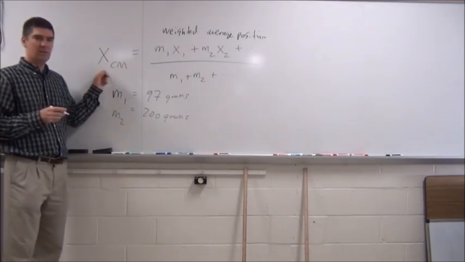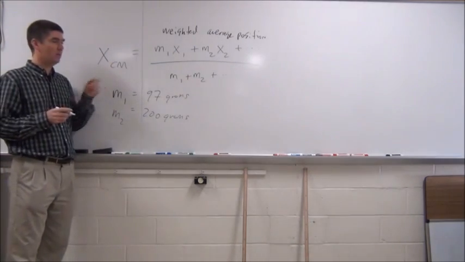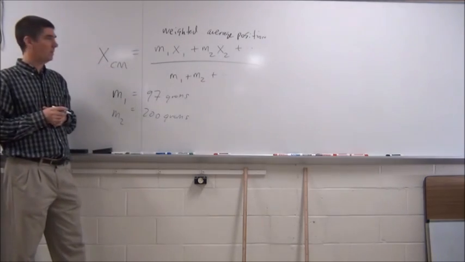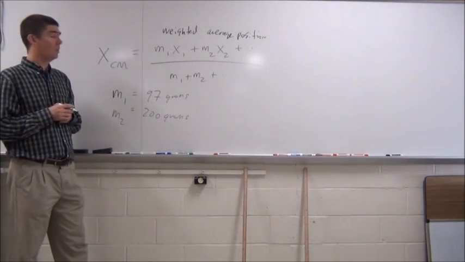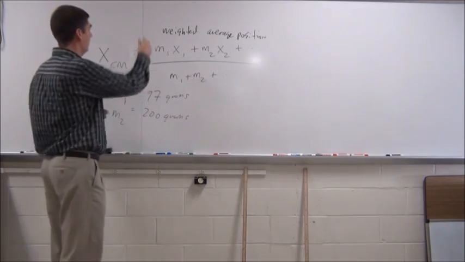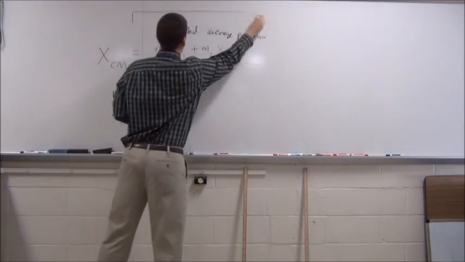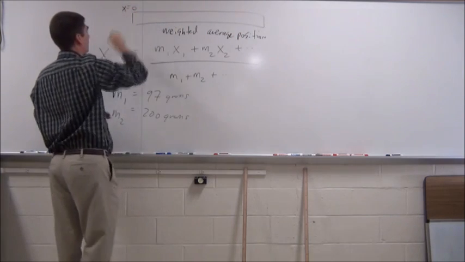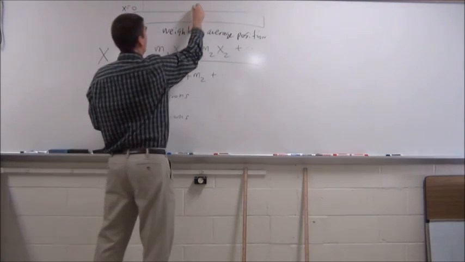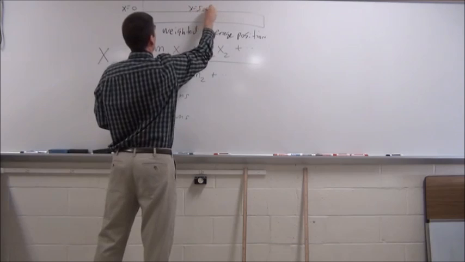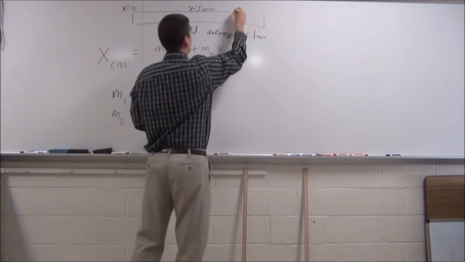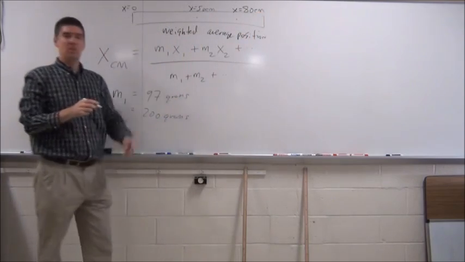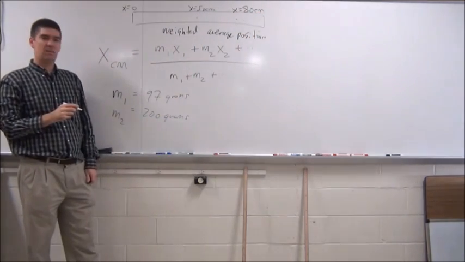Now, if we want to calculate the position of the center of mass of that entire system, we need to know what are the positions of those masses relative to an origin or coordinate system that we define. So on my picture here, here's a meter stick. Here's the x equals 0 position. Here's x equal to 50 centimeters right there. And out here is x equal to 80 centimeters. So what would I put in for the positions of these two masses?